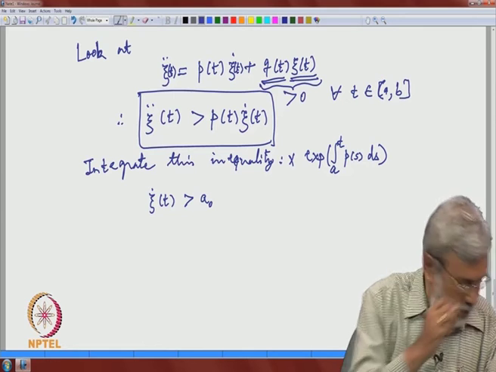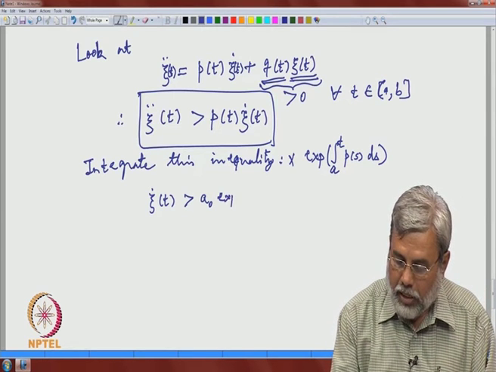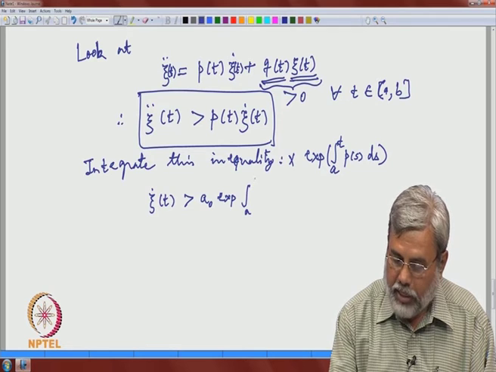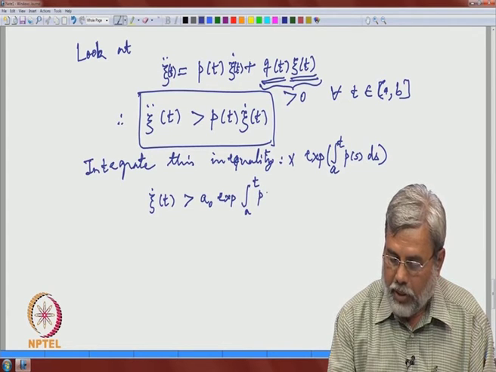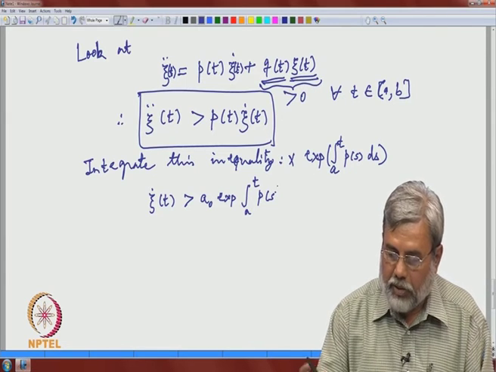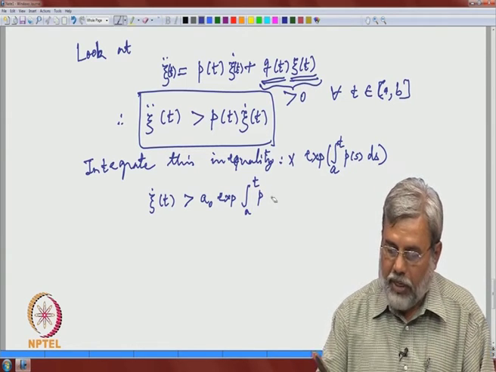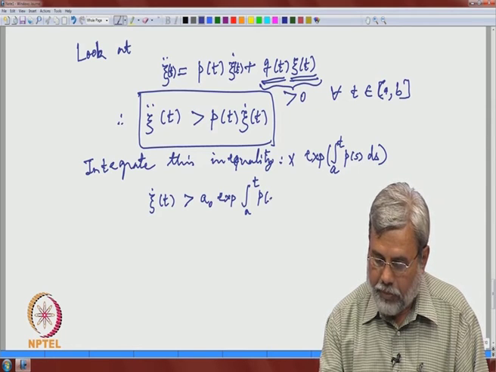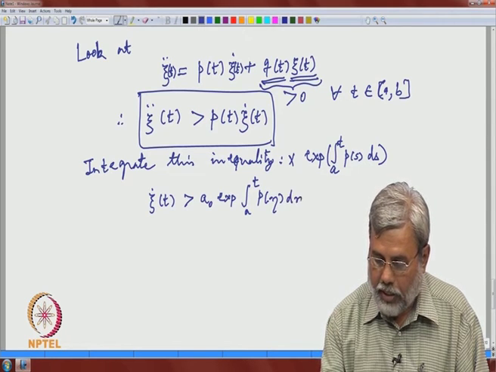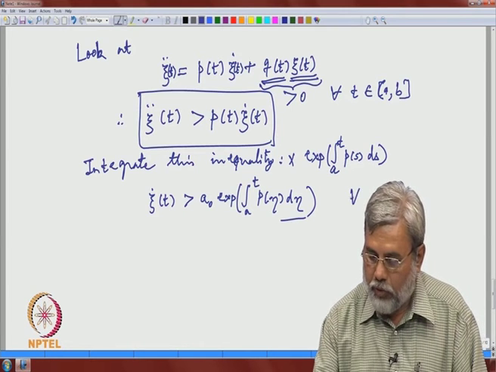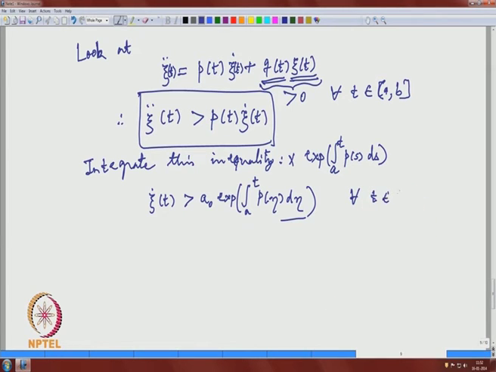So, this is exponential of the integral from A to t of P, not P(s), so let me use some other variable, maybe eta, d eta. So, this is true for all t in (A, B) up to B. No problem. Okay. And now, integrate one more time.